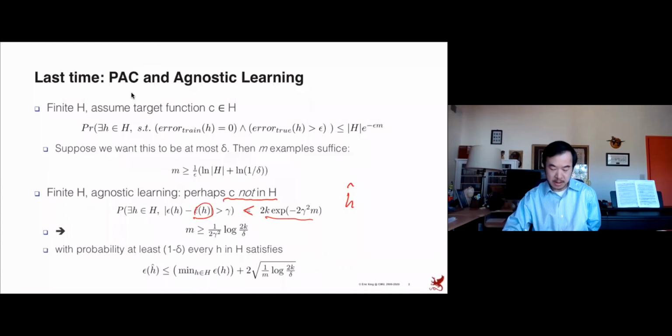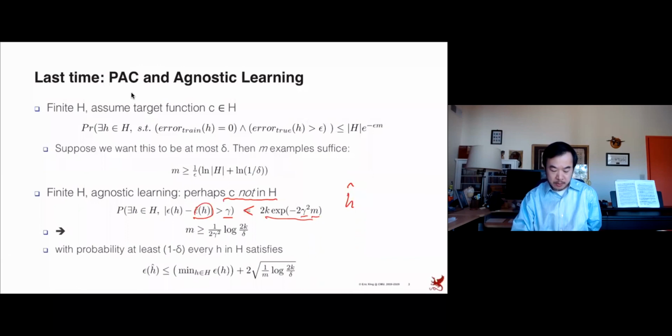You have k, which is the size of the hypothesis space. You have gamma, which is the discrepancy, and m is the number of examples. So roughly, it gives you the same message: by increasing m, you are reducing the probability of having a bad hypothesis, one that is worse than the training error by gamma, right?